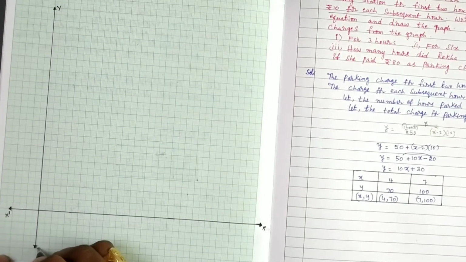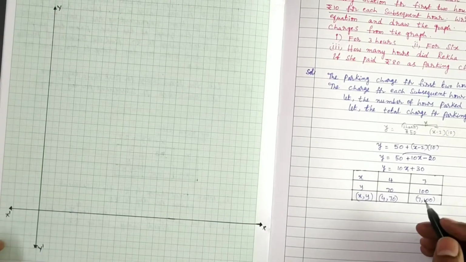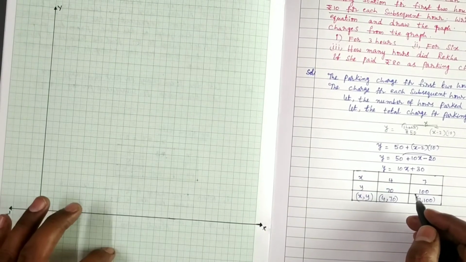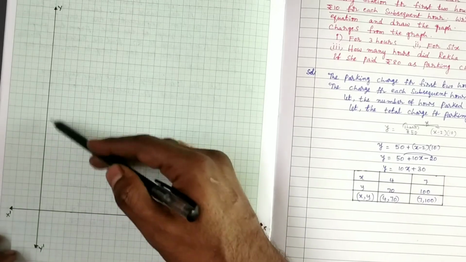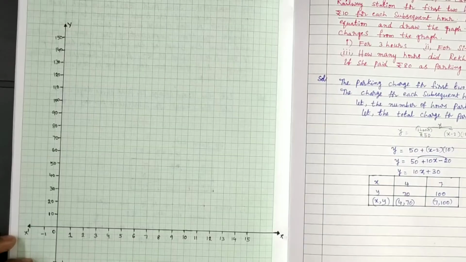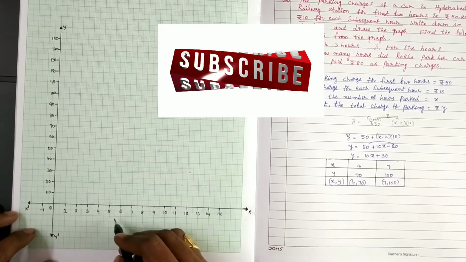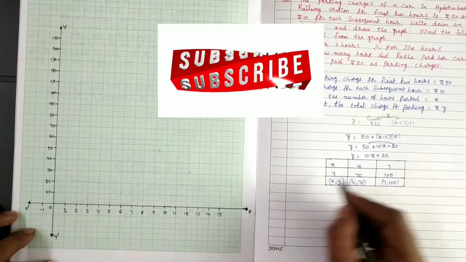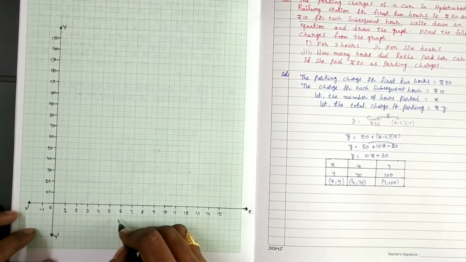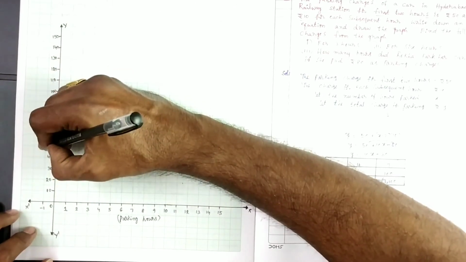Y dash. Take 1 centimeter as 1 unit on the x-axis, take 1 centimeter as 10 units on the y-axis. So take like this, x-axis represents parking hours, y-axis represents parking charge.